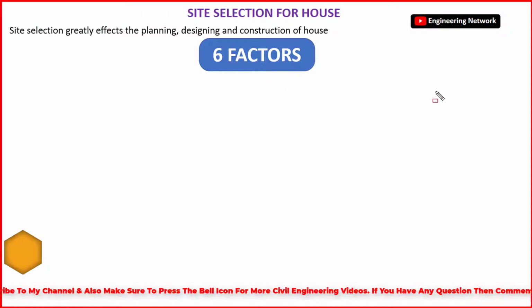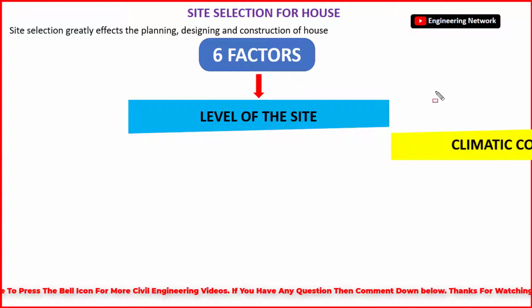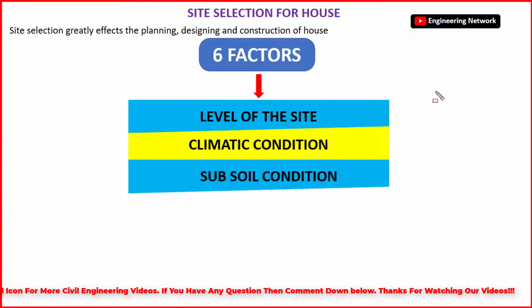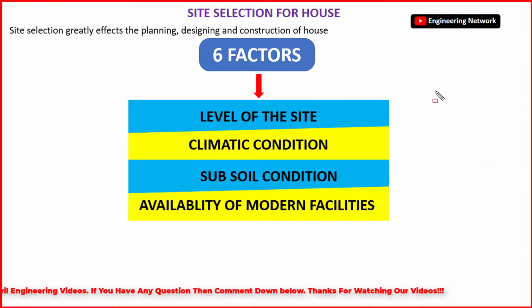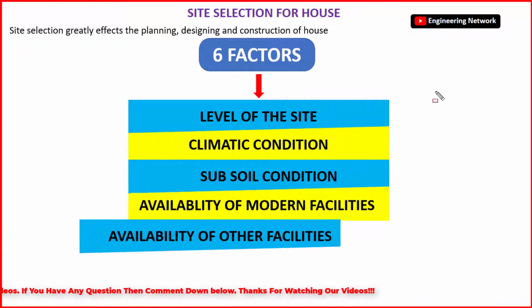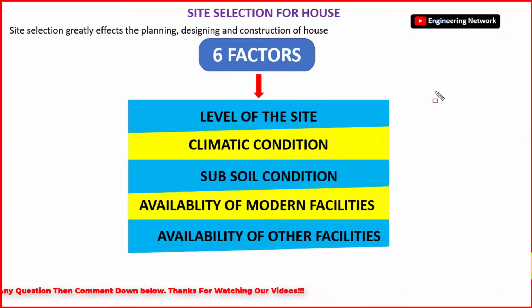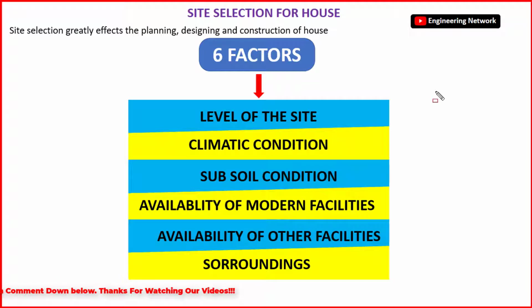These factors are level of the site, climatic conditions, subsoil condition, availability of modern facilities, availability of other facilities, and surroundings, right? So these are the 6 factors that can greatly affect your house if you do not consider them. Now let me explain all these 6 factors one by one.